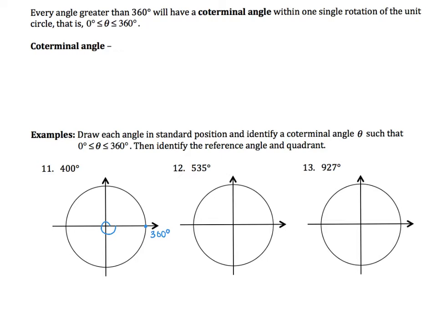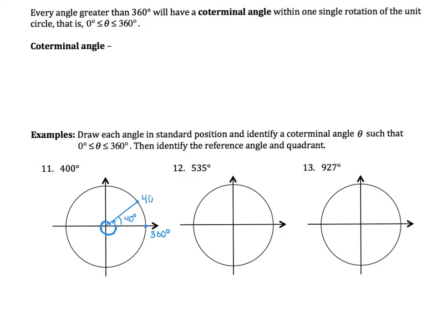Oh, so 400 degrees is 360 plus an extra 40. Okay, so I went the full 360. That's this right here. And then this bit was an extra 40 degrees.